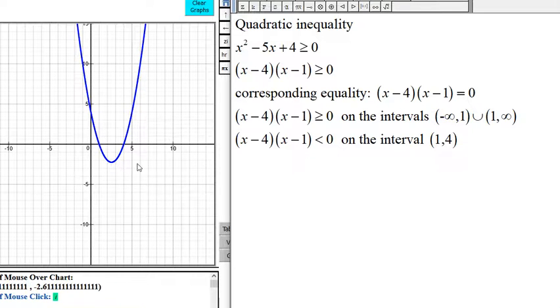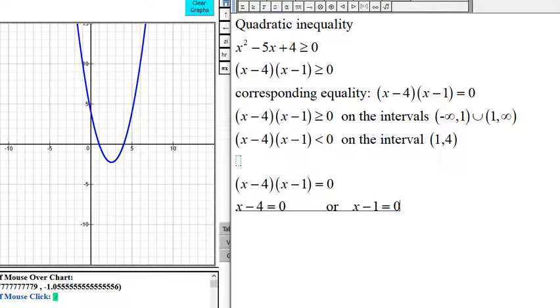And if a graphing calculator is not available, then what we do is solve this equation right here. We get x minus 4 equal to 0, or x minus 1 equal to 0. Here we get x equal to 4, and here we get x equal to 1.